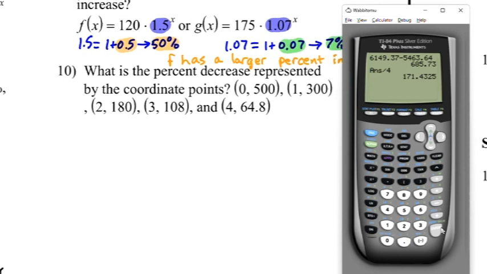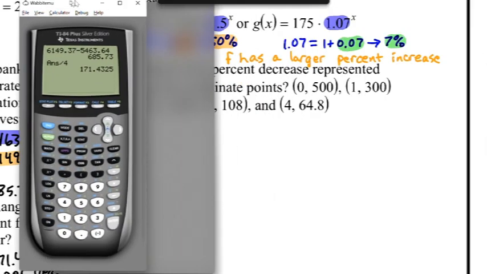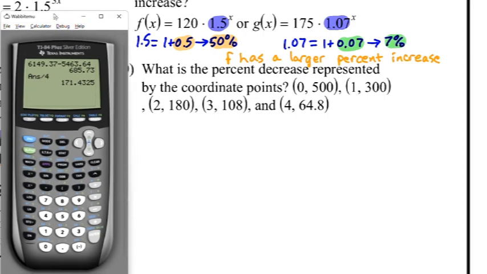All right. Now on this one, what is the percent decrease represented by the coordinate points? So assuming that all of these y values are decreasing by the same percent each year, we can just look at the first ones. 300 divided by 500.